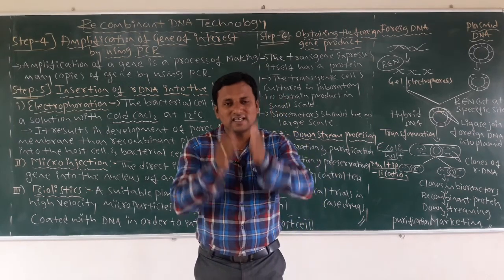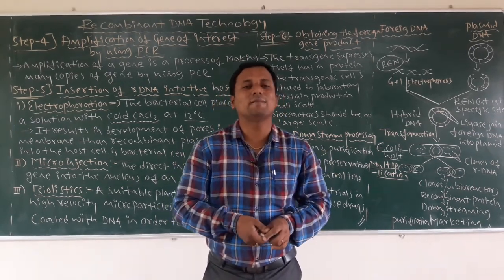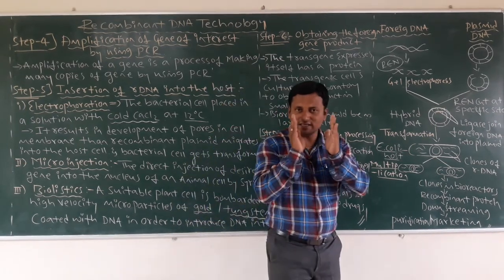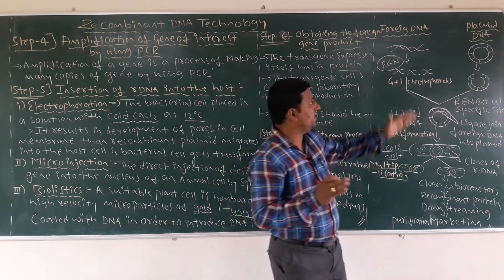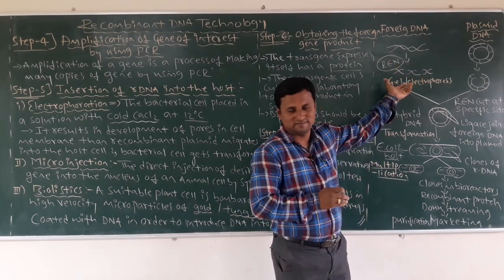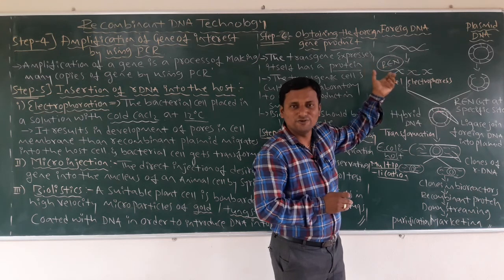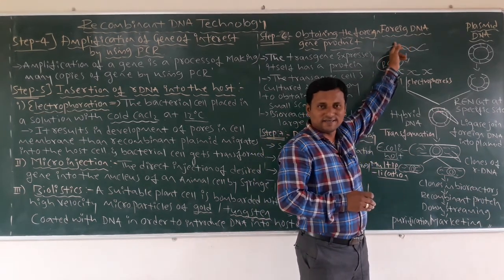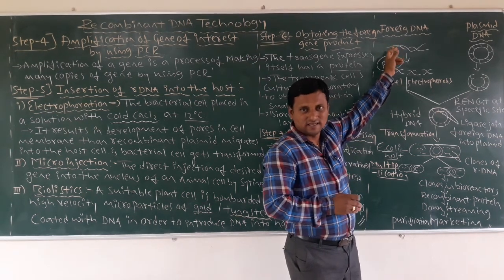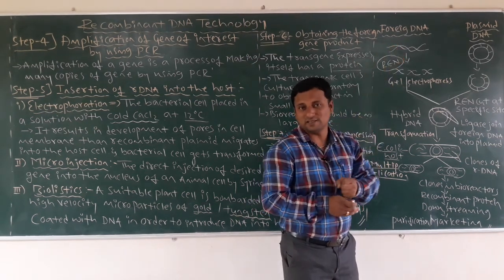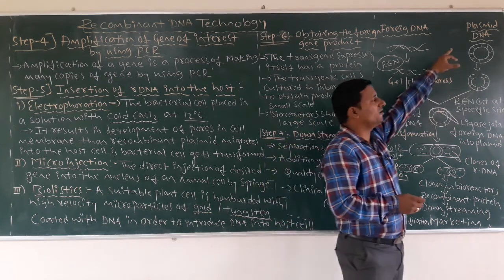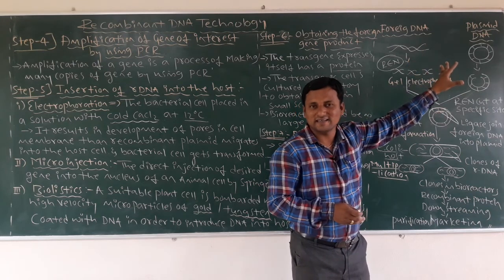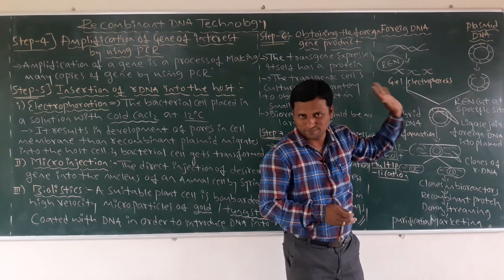Then come the continuing steps in recombinant DNA technology. Before that, I will give an explanation of the diagrammatic representation. In the diagram, first we take a foreign DNA. That foreign DNA is nothing but the desired gene, and below it we have one artificial DNA molecule, which we call a plasmid, that is nothing but a vector. Here we are using a vector like pBR322.